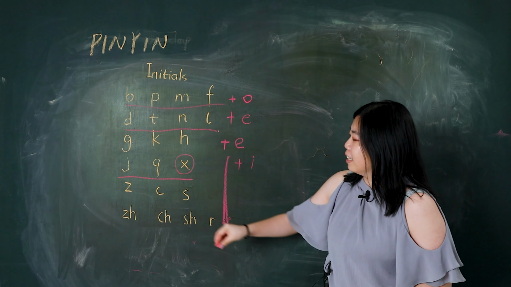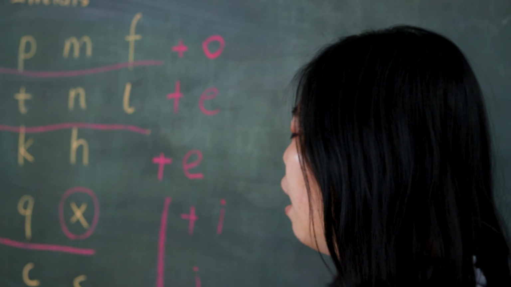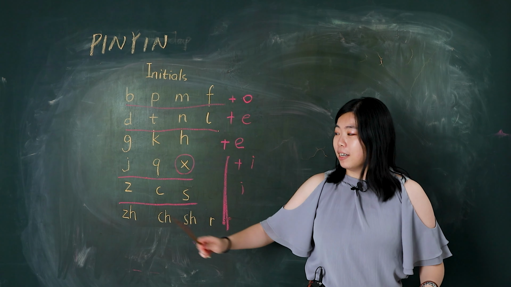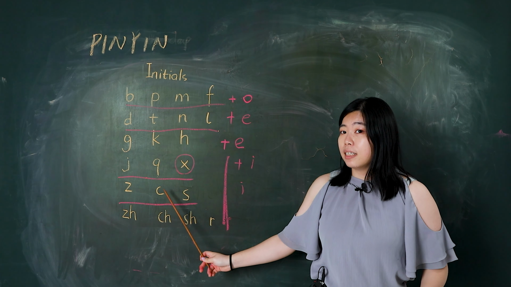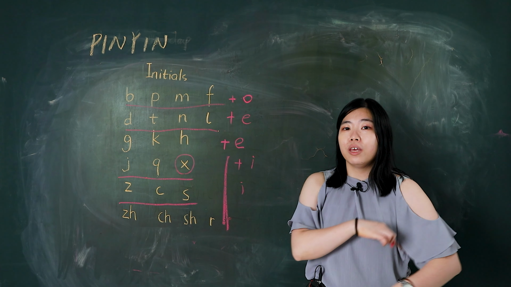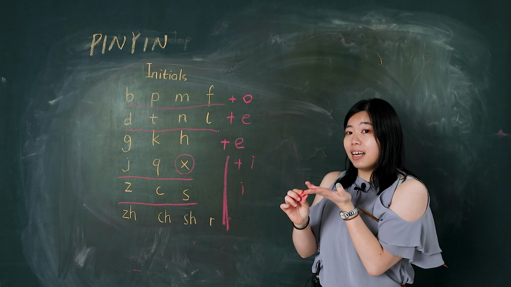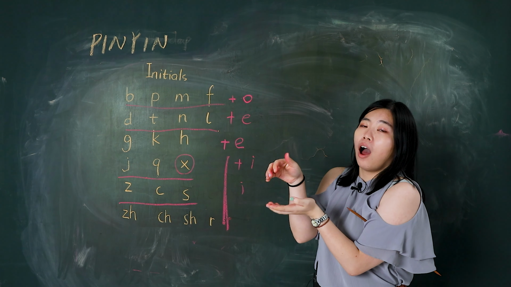Okay, let's see this line. Here we need to use the I sound also. Okay, let's read this one. Z, c, s. Z, c, s. So we see z, c, s. We use the tip of the tongue to touch the back of your upper teeth.